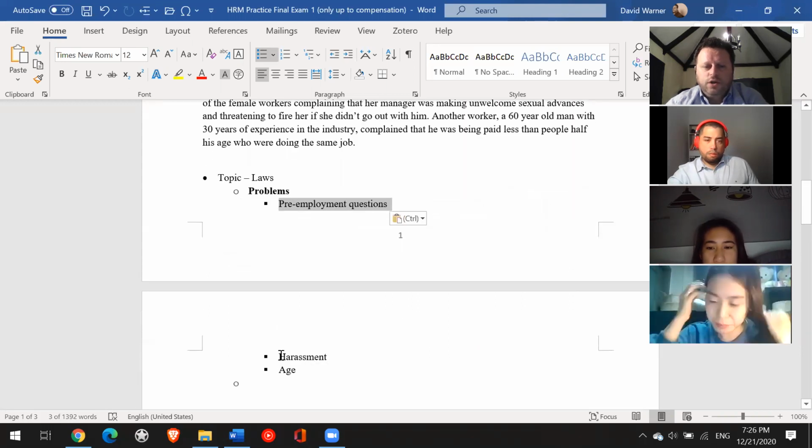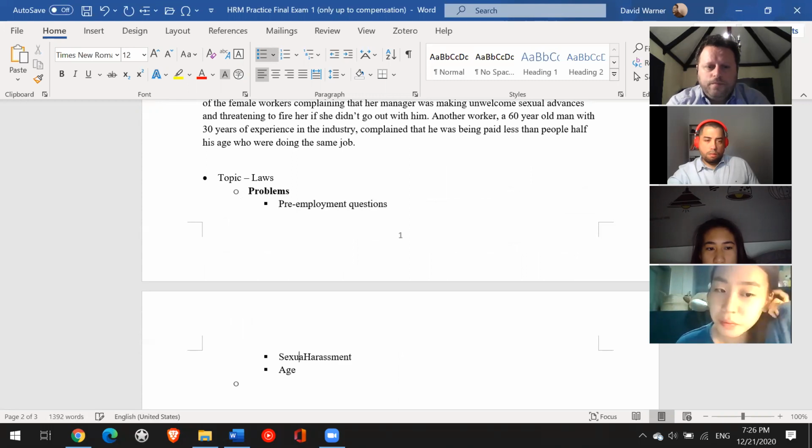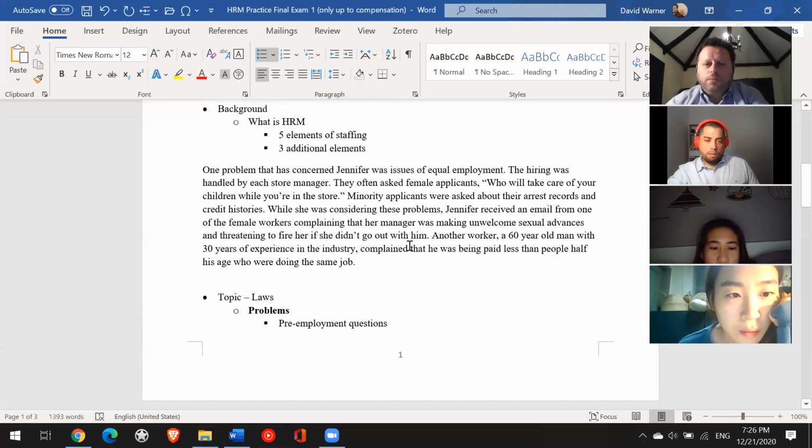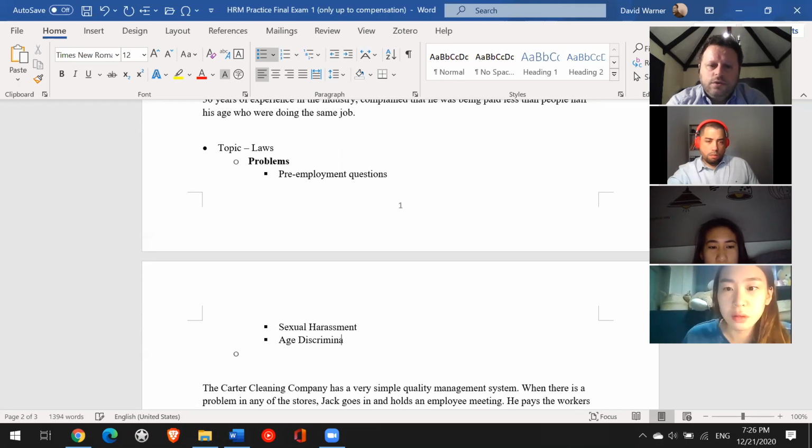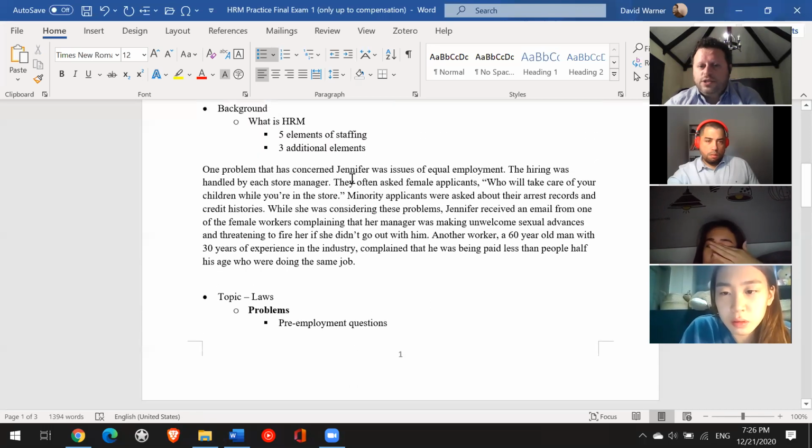Okay, harassment, that's our second one. The third problem is this worker who's 60 years old, and that's age discrimination. So I think this is a totally reasonable way to organize this.